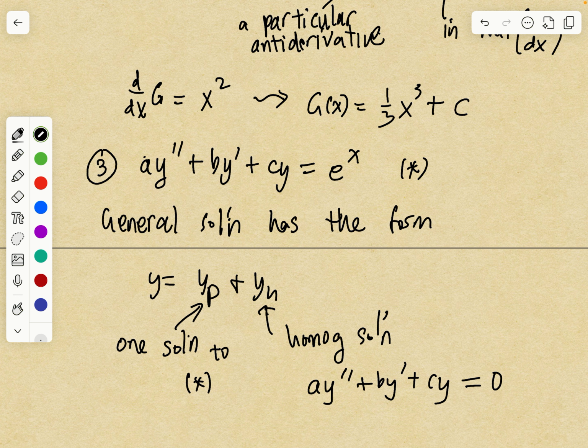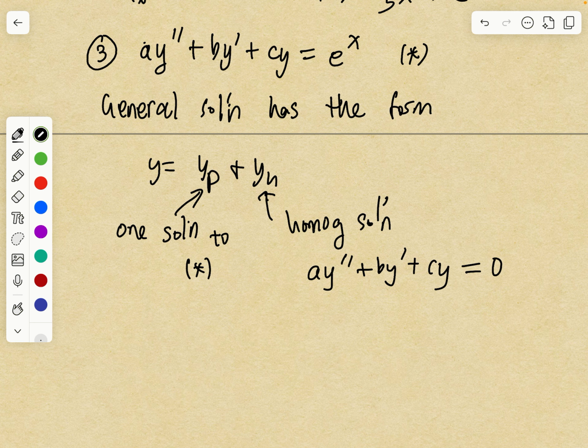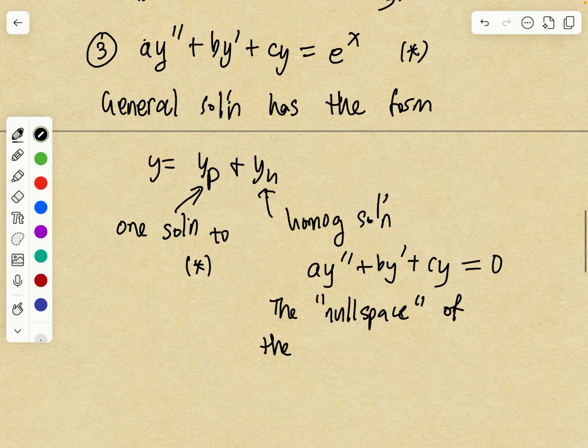So now the way I'm thinking about this differential equation is that the whole thing on the left is my operator. And this homogeneous solution is the null space of the operator that maps a function y to ay double prime plus by prime plus cy.